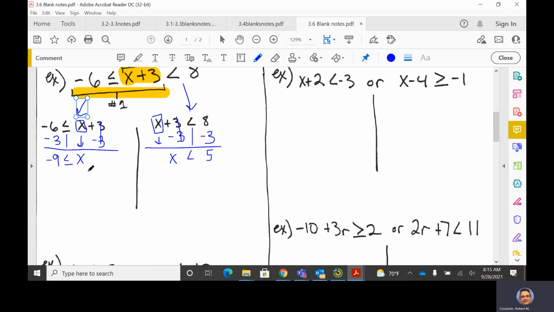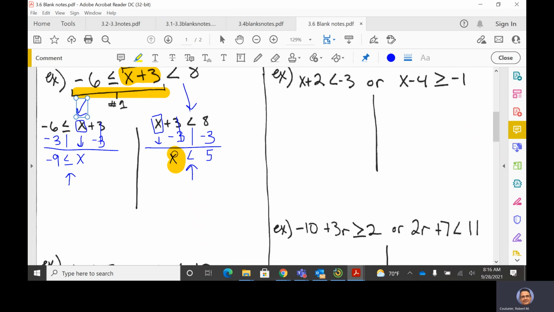And as we go through, then we have our answers here, right? And it's kind of interesting. Depending on how it looks, we make sure the sign, that is a less than symbol, that is a less than symbol. -9, which is the smaller number, is on the left, 5 is on the right. What we do now to write our answer is, you have to think of it like this.